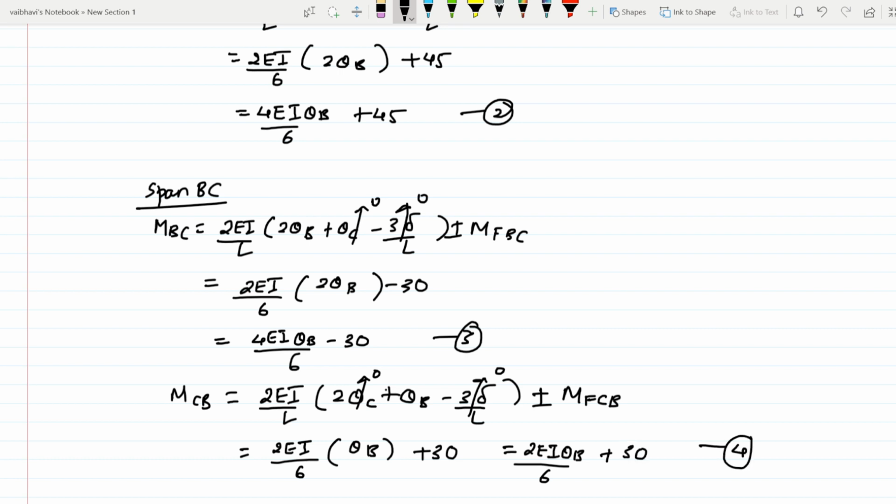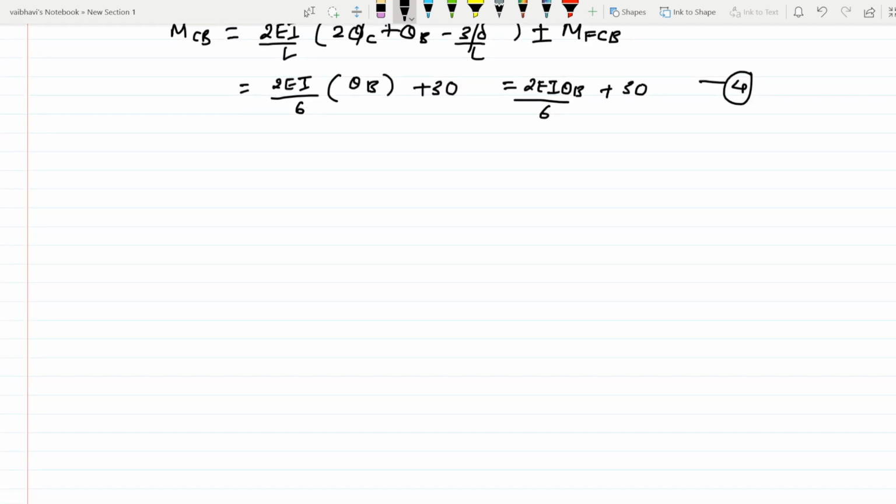It is equation 4. So now we have written all the 4 slope deflection equations.